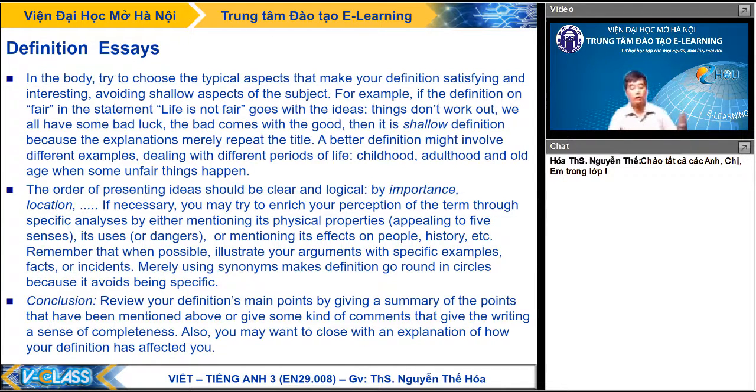What about the conclusion? In the conclusion, you have to review your definition and the main points by giving a summary of the points that have been mentioned above, or give some kind of comment that gives the writing a sense of completeness.